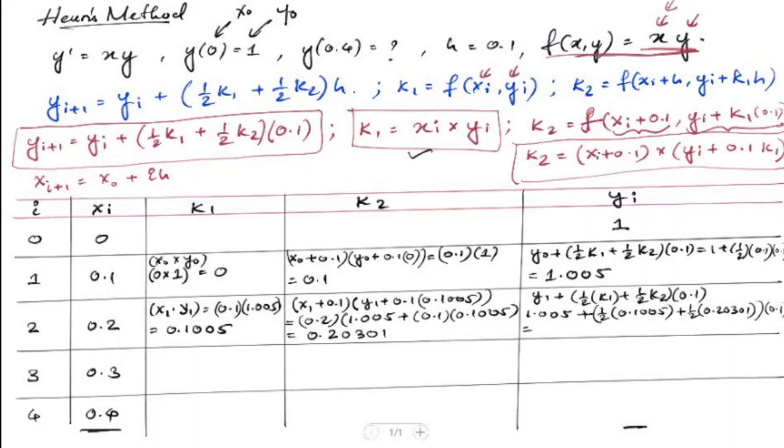So this gives us the value as 1.0201755 here.